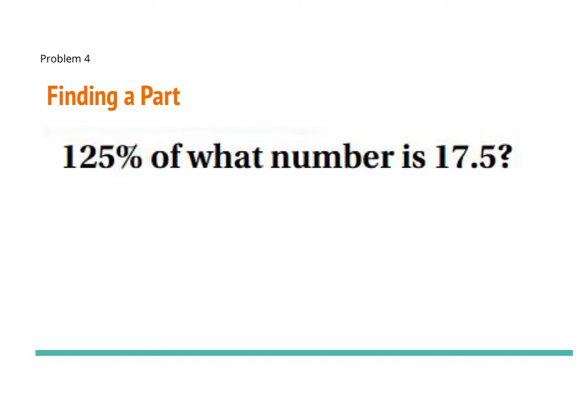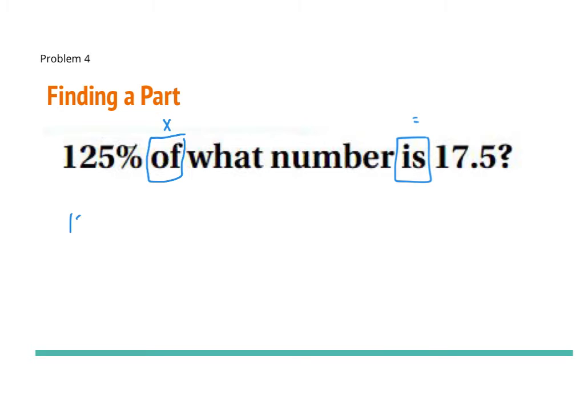125% of what number is 17.5? So again, we are finding a part. We are finding A, okay? So 125% of what number is 17.5? So whenever you guys are confused, okay, you don't really understand, what I want you to think about is of is going to represent multiplication, and is is going to be an equal sign, okay?